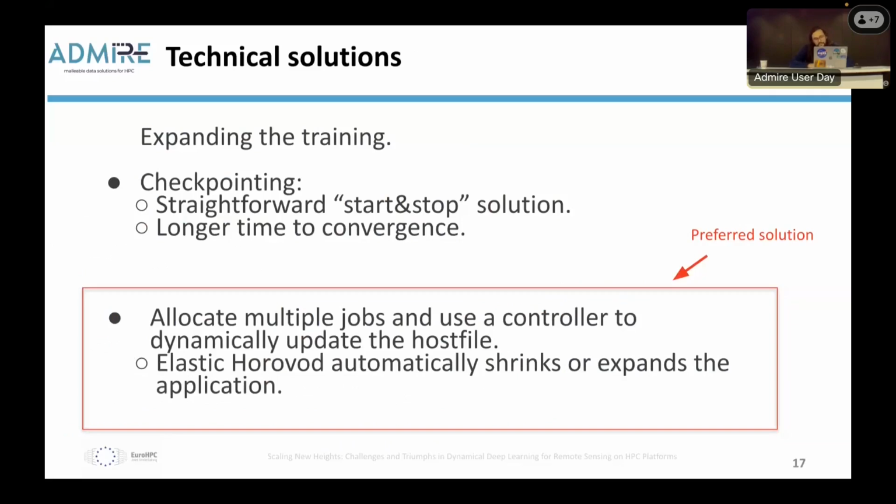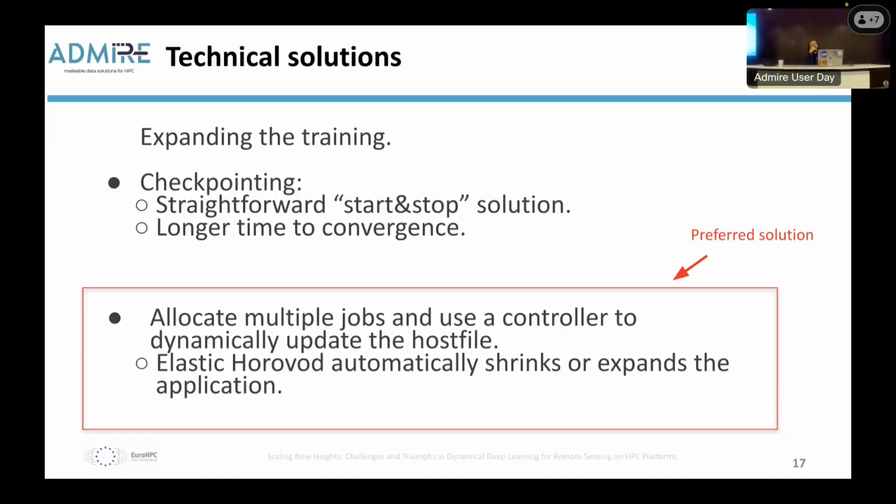The first one, which was our plan B, to be honest, was checkpointing, a sort of start and stop approach, where our application at some point after some epochs would save a checkpoint, and then when we need to change the job size, we just stop and restart with a different number of allocated resources.